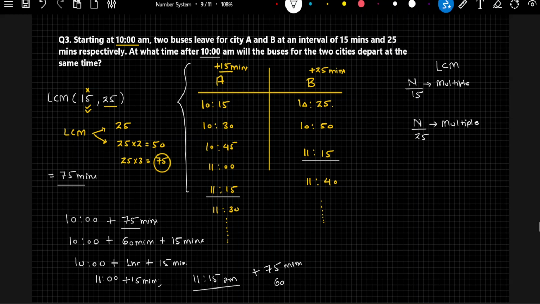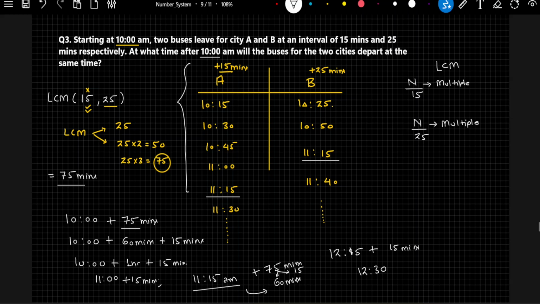If you add 60 minutes, the time will change to 12:15, isn't it? And from 75 we have just considered 60. 15 minutes is still remaining, so add 15 more minutes, so the time will change to 12:30.